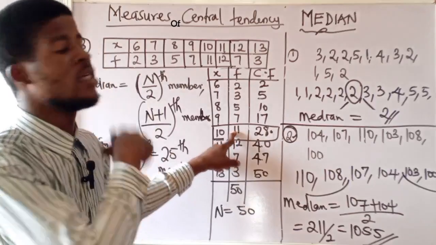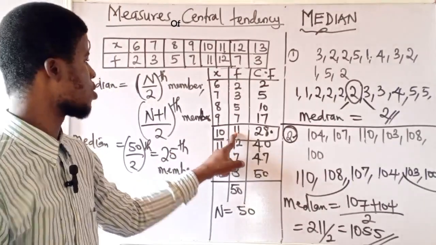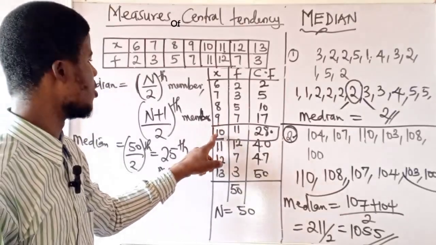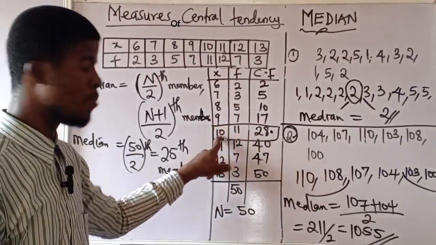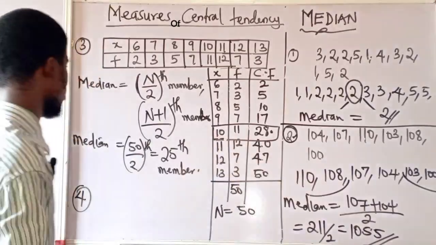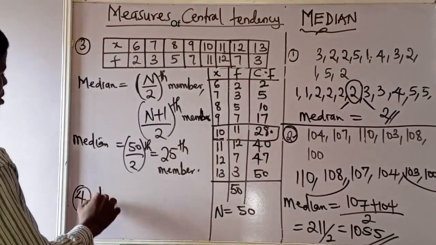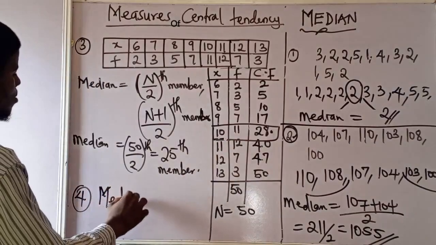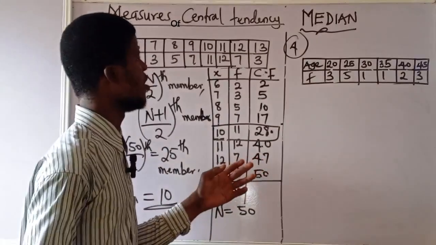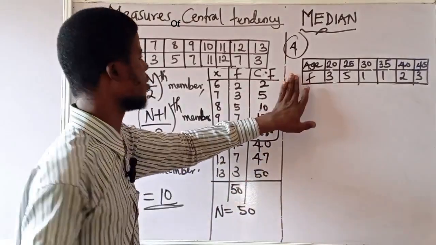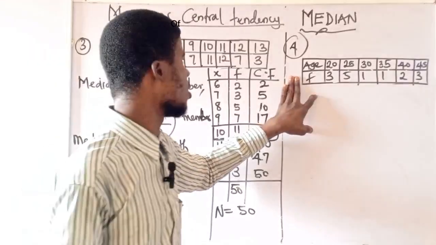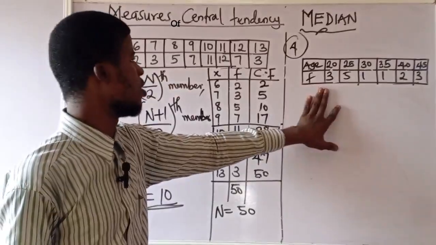So inside 28, there is 25. I'll stop here. And the number that corresponds to that frequency becomes the median. So in this case now, the median is 10.